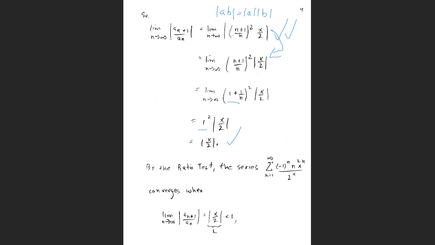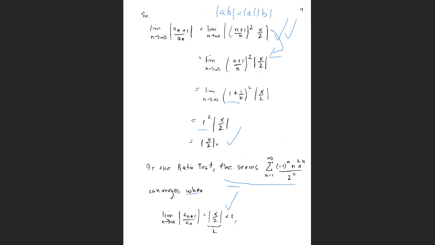And so by the ratio test, our series here will converge when the absolute value of x over 2 is less than 1.